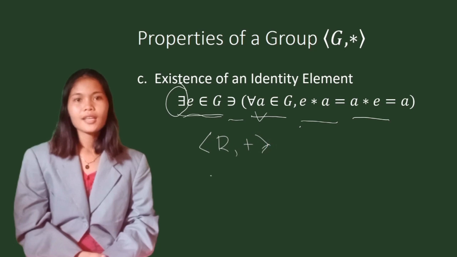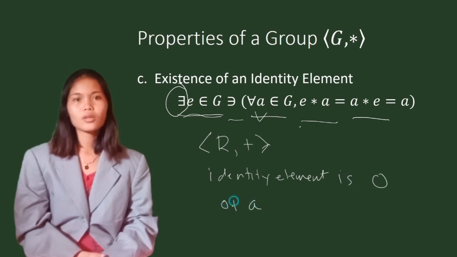You know that the identity element for addition is 0. Why? Because a real number added to 0 is equal to the real number itself. The set of real numbers under the operation of addition is an example of a group.